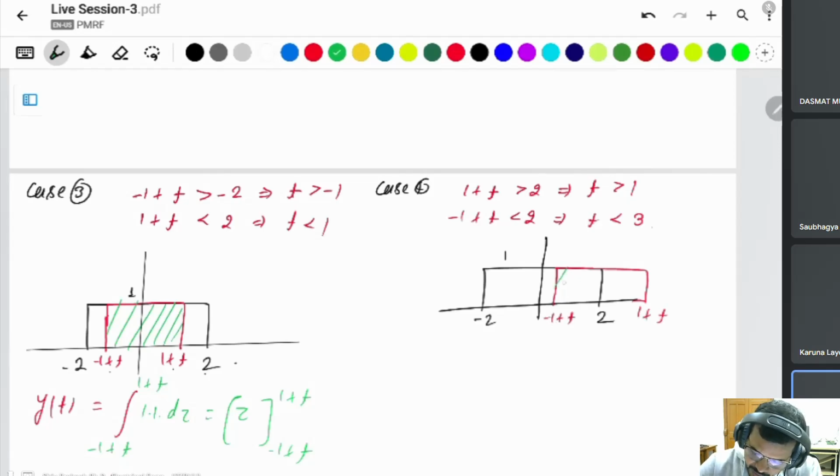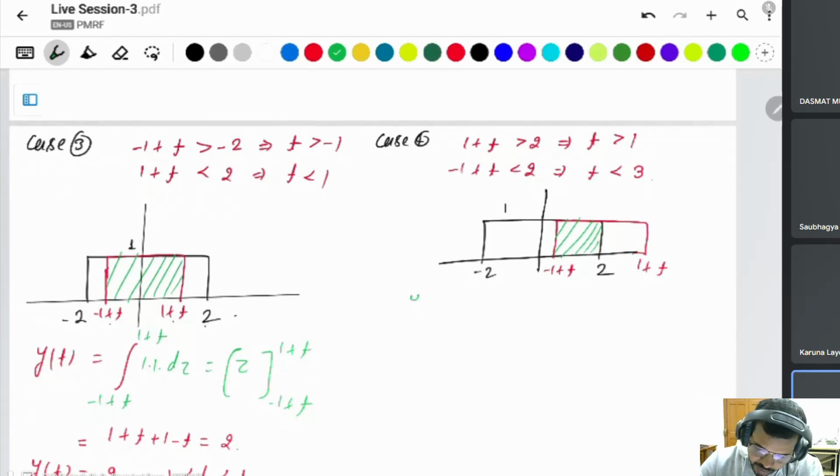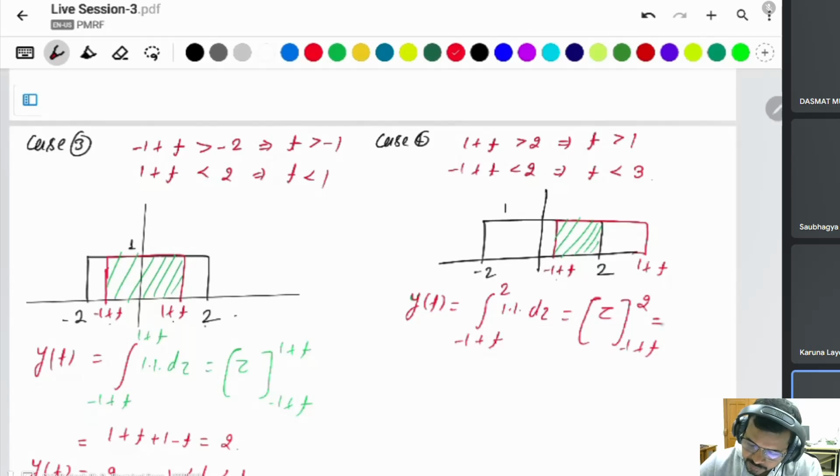There is also an overlap from minus 1 plus t to 2. And y(t) is the integral from minus 1 plus t to 2 of the multiplication, d tau. There is a tau from minus 1 plus t to 2, which gives 2 plus 1 minus t. y(t) is equal to minus t plus 3 when t is greater than 1 and less than 3.